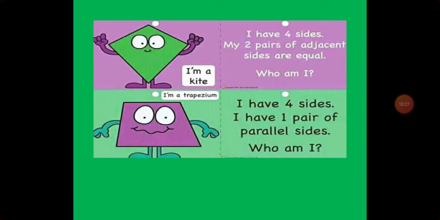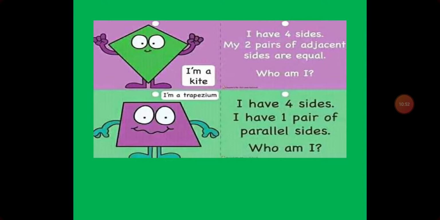Yeah, you fly kites around, in the air. So a kite has 4 sides with 2 pairs of adjacent sides that are what? Equal. Okay, you need to take note of these characteristics so you can identify shapes when they are given to you.